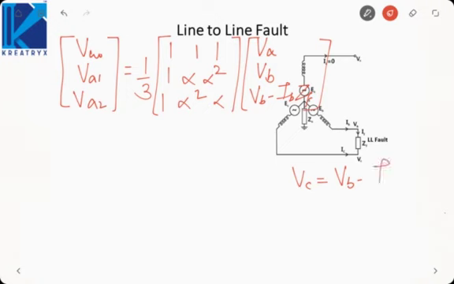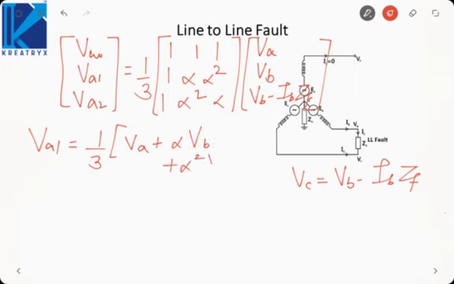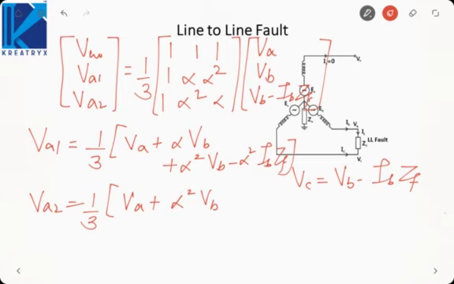By KVL, if we wish to calculate VA1, it will be 1 by 3 times VA plus alpha VB plus alpha square VB minus alpha square IB ZF. And VA2 will be 1 by 3 times VA plus alpha square VB plus alpha VB minus alpha IB ZF.